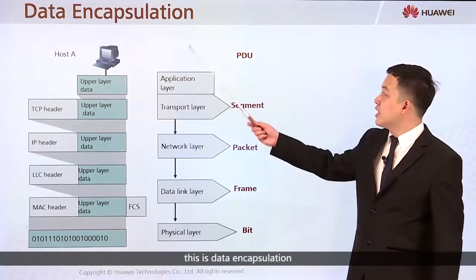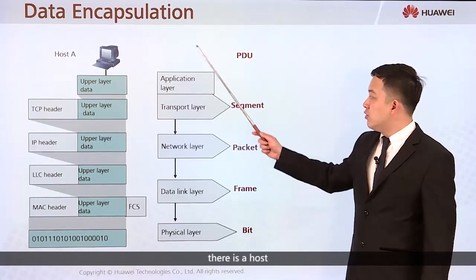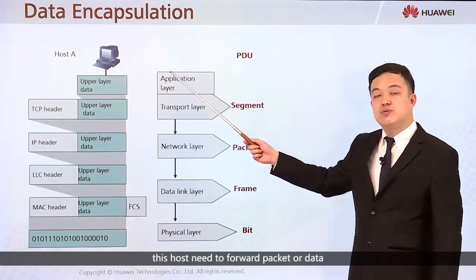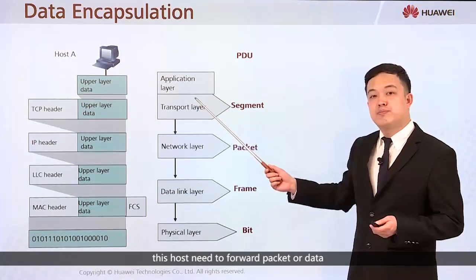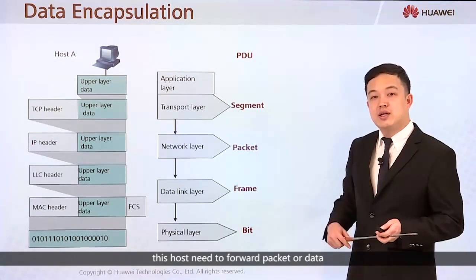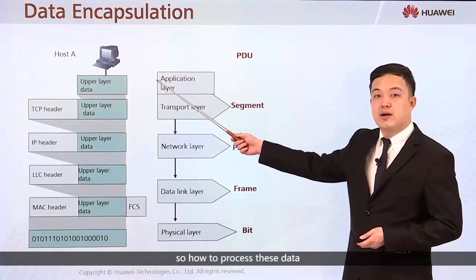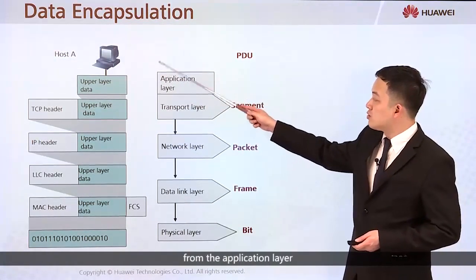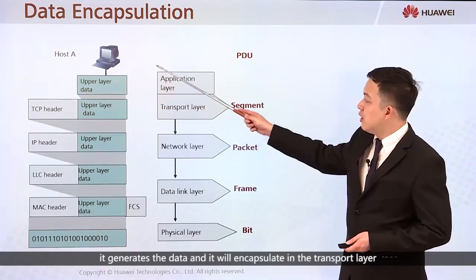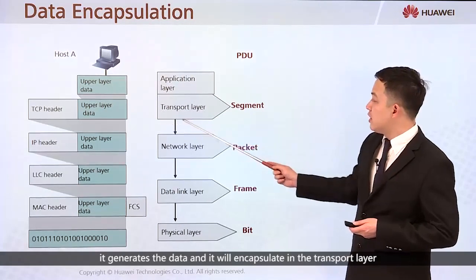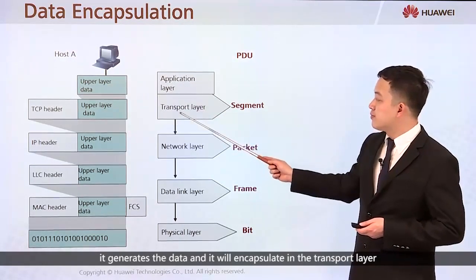This is data encapsulation. There's a host, and this host needs to forward a packet, or forward data, to another host. So how do we process this data, this information? The application layer generates the data, and it will be encapsulated in the transport layer.